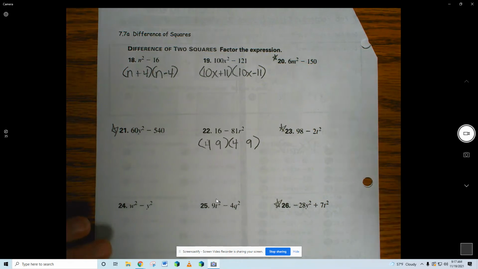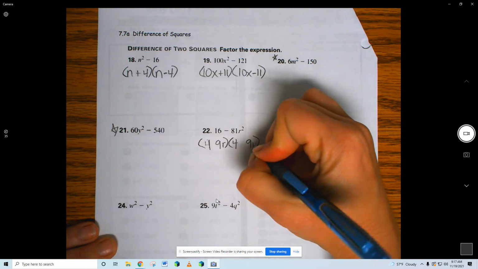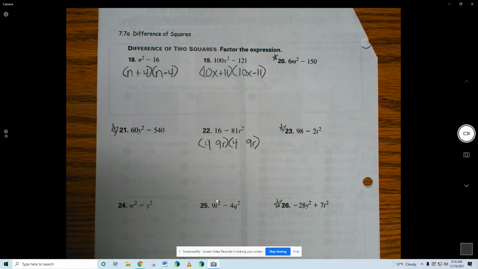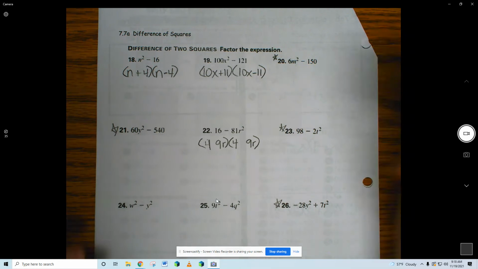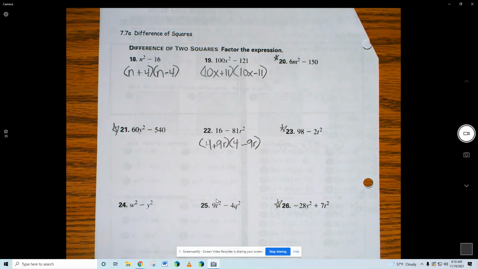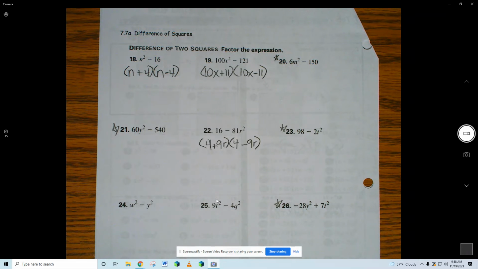R times R. R. And then, yes. So the answer doesn't have to be in standard form? Yeah, this is backwards. Okay. And it does not. You're right. And then obviously it's going to be a plus minus. Because it's a binomial and the numbers are perfect squares.